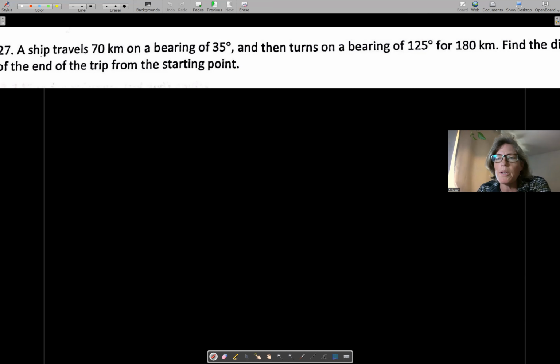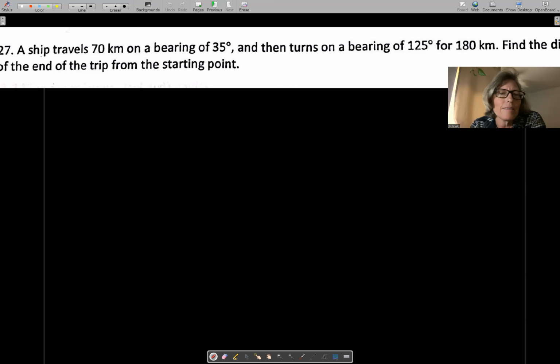All right, last problem here. It says a ship travels 70 kilometers on a bearing of 35 degrees and then turns on a bearing of 125 for 180 kilometers. Find the distance at the end of the trip from the starting point. Now we filter.